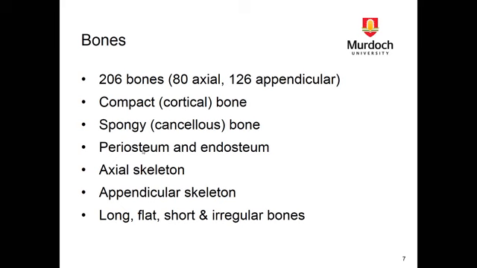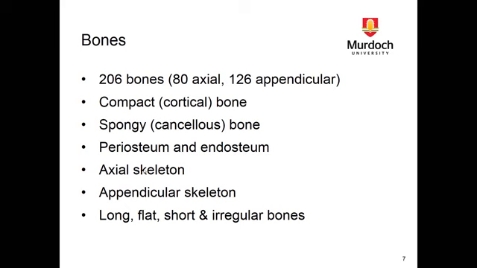We also have some membranes in the bone: the periosteum, which lines the outside of our compact bone, and the endosteum, which lines the inside of our compact bone, but also lines all the trabeculae and all the perforating canals. And again, we'll see that in a figure a few slides down.